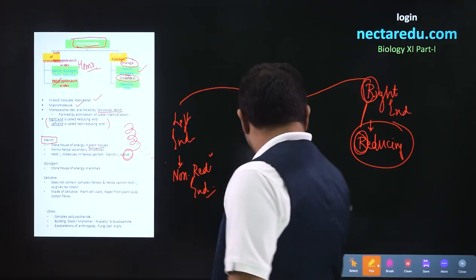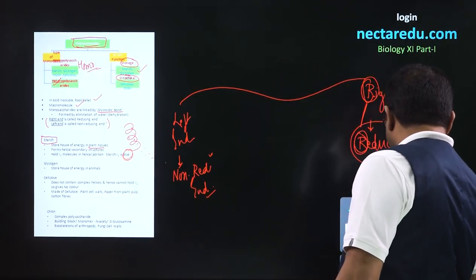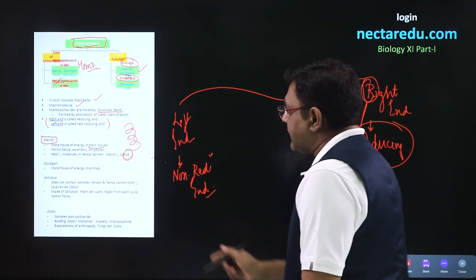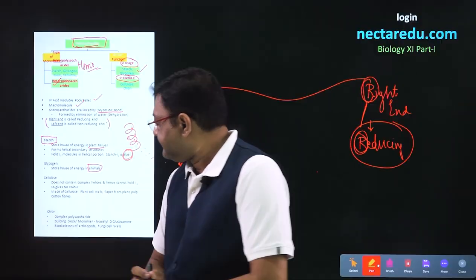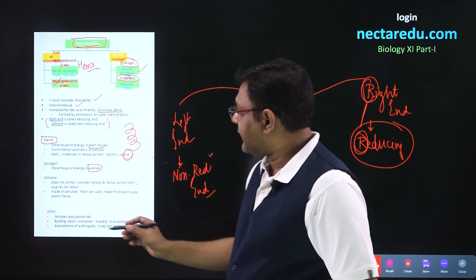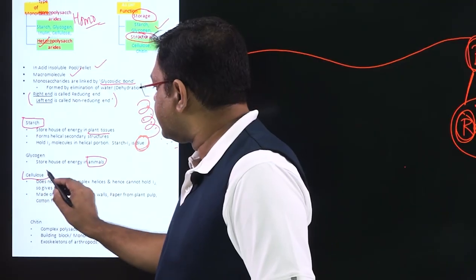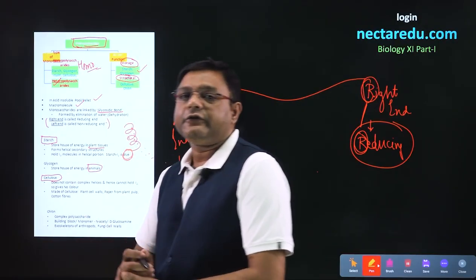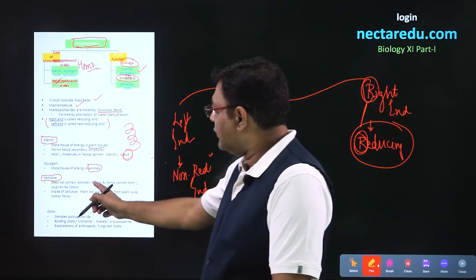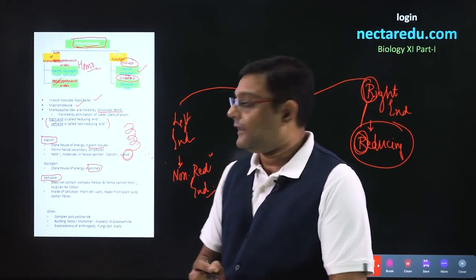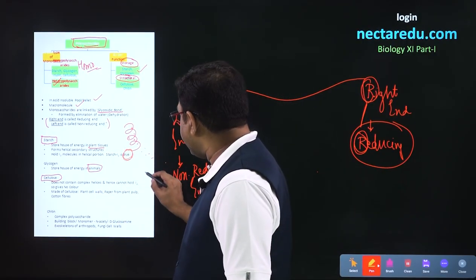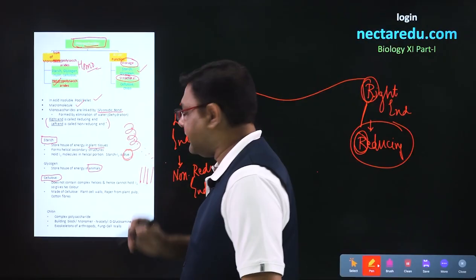After this, coming to the second polysaccharide, that is glycogen. Glycogen is a storehouse of energy in animals. The third polysaccharide that we talk about is cellulose. Cellulose does not have helices like those present in starch. There will be straight chains present in cellulose.